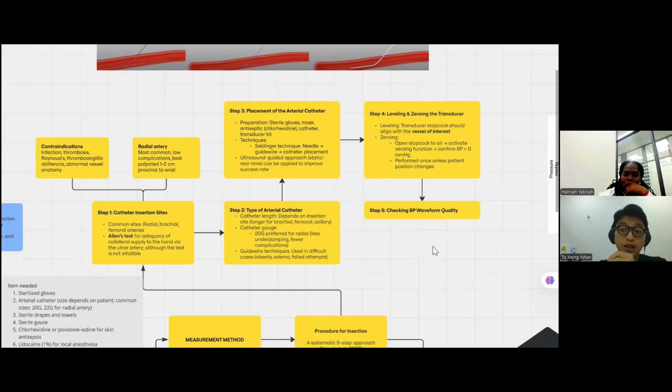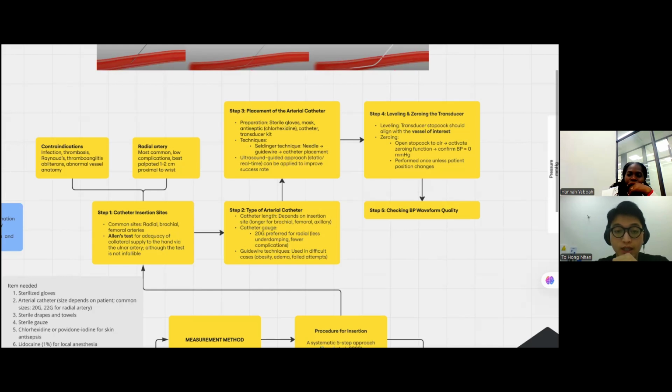The first one is the length of the catheter. Usually it depends on the insertion site. For example, the radial insertion site is very superficial, so the length is going to be different from the brachial or femoral insertion site.